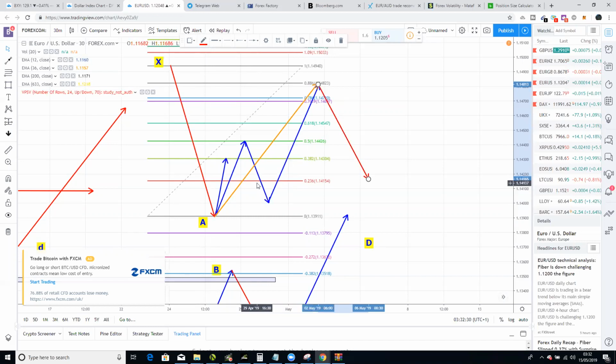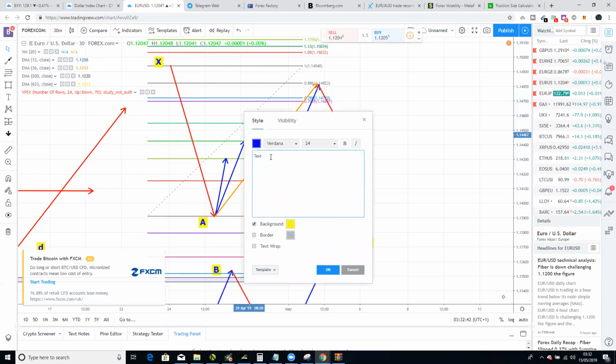And that is one of the key points on the bat pattern, all right? The other thing that we can now use to bolster our entry is, let me quickly do the measuring.